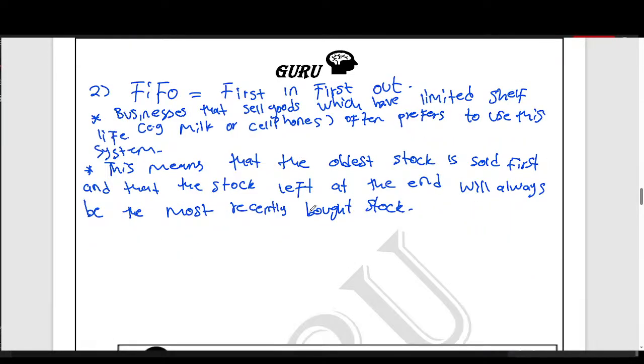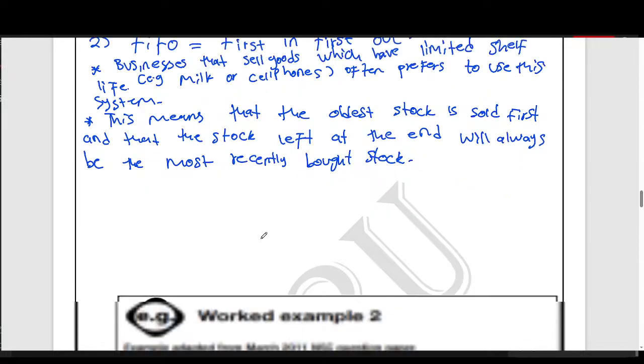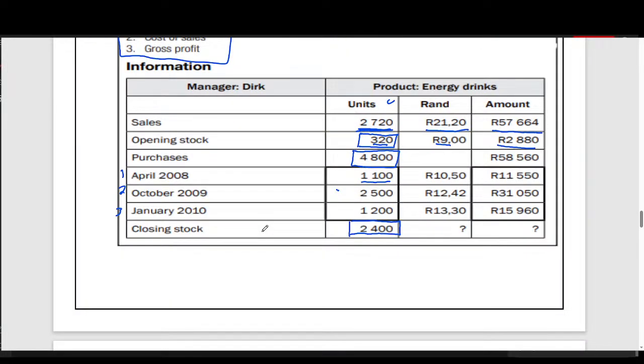Let me take you up here. I want to show you something. In the FIFO, they say businesses that sell goods which have limited shelf life, e.g. milk and stuff, this means that the oldest stock is sold first, and the stock left at the end will always be the most recently bought stock. So if we check from our table, which stock is the most recently bought stock? Is it April, October, or January? That is January.